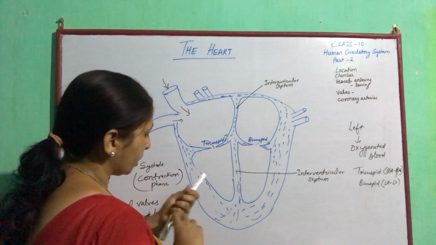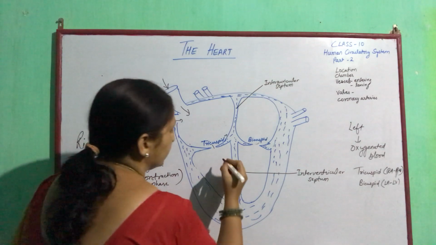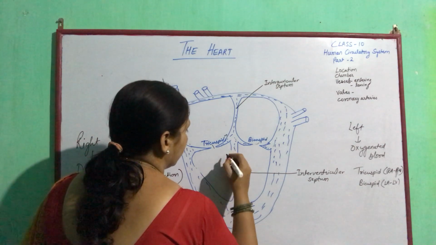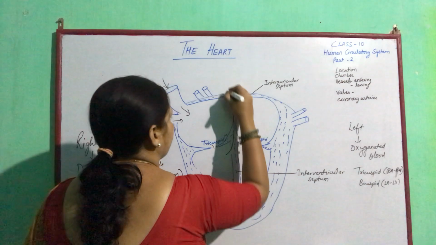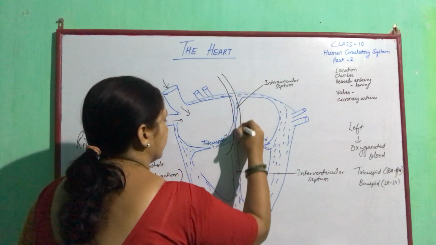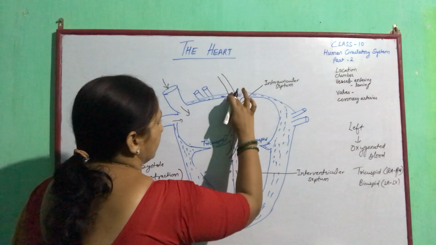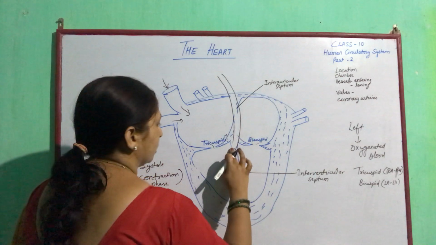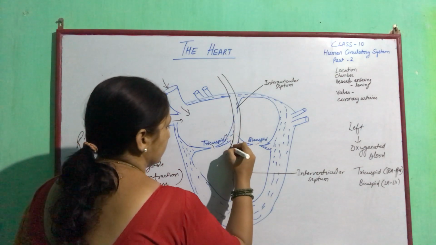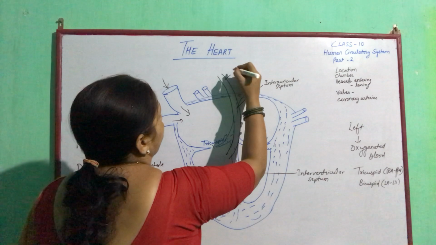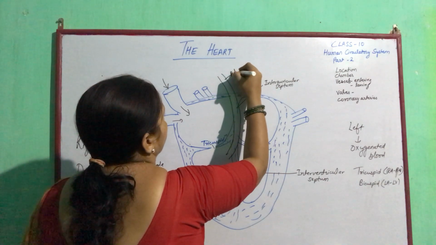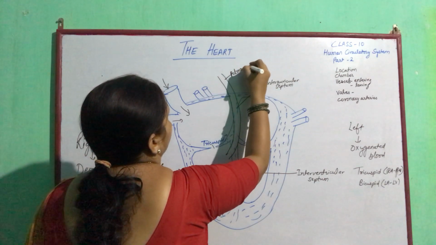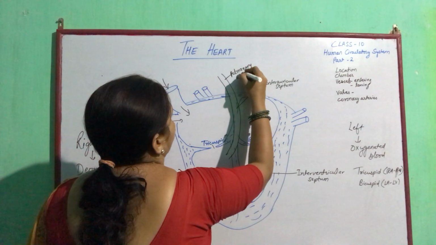Now the new. From here, this part, the ventricle, one vessel arises, and this vessel is termed as pulmonary artery.